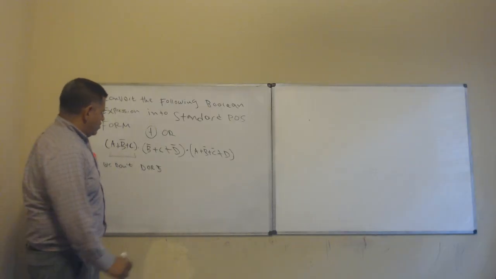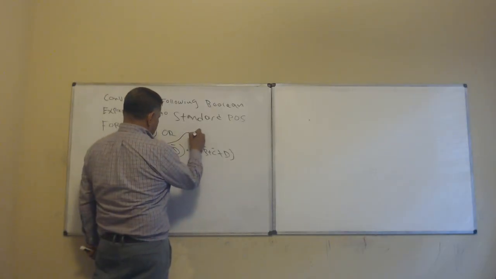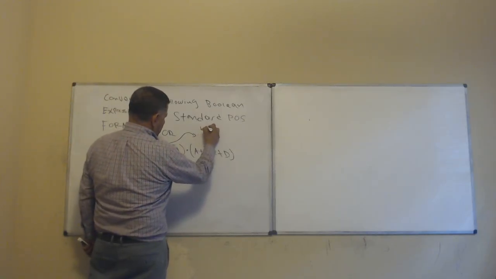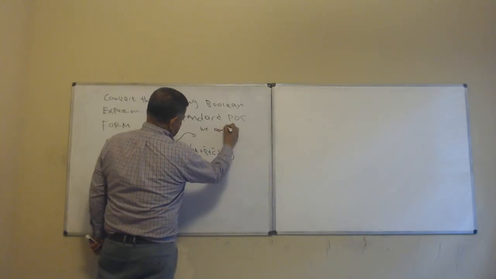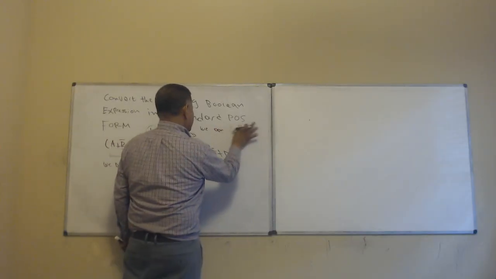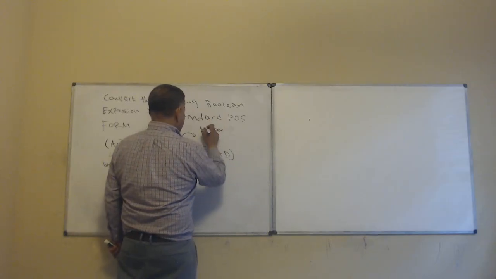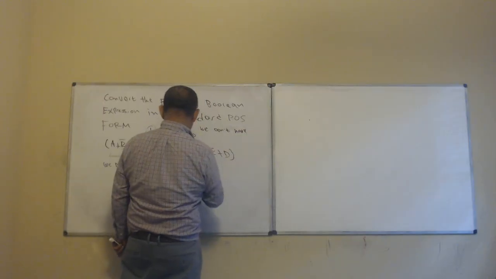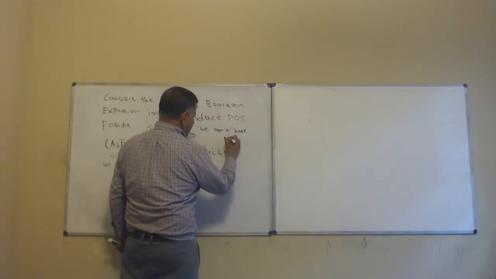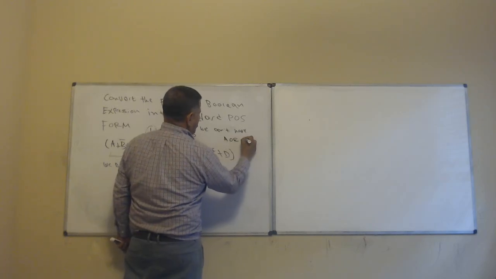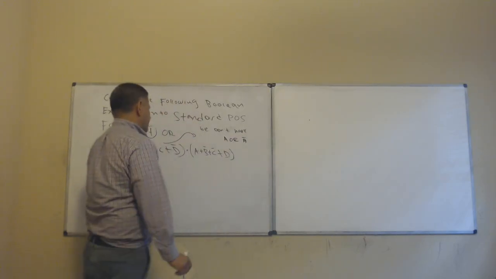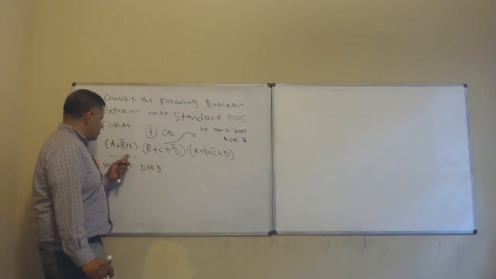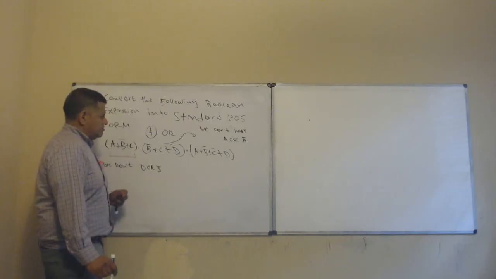Right here in this one, we don't have A or not A, right? So recognizing that will help us with what we need to do to solve this issue, right?